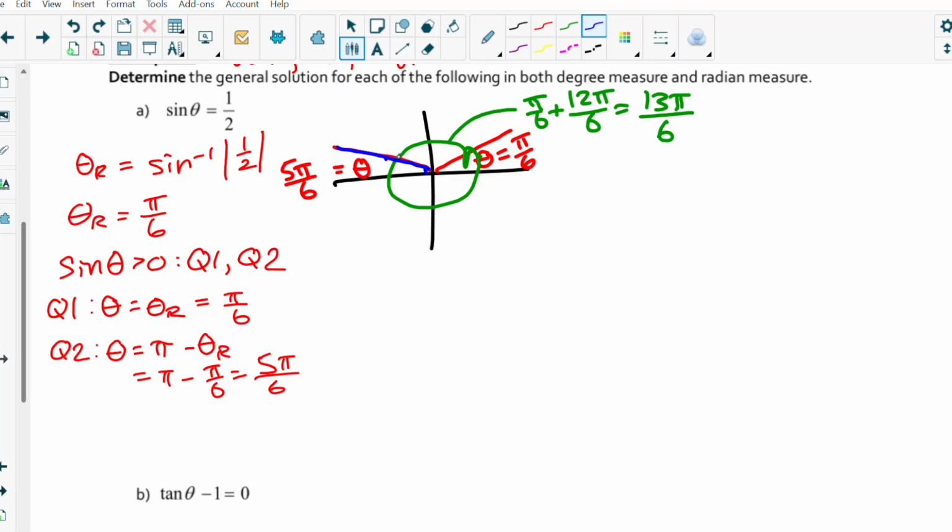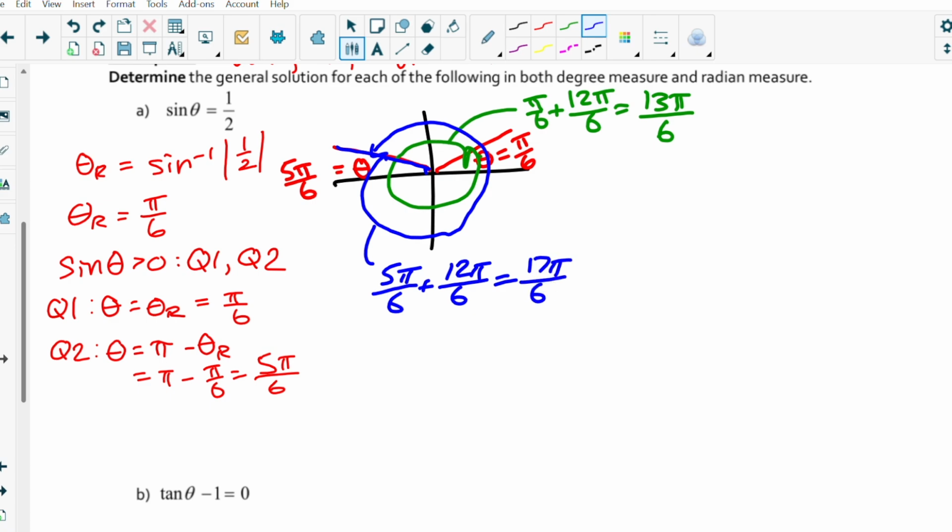Likewise with this one, if I go another 2 pi around, I get 5 pi over 6 plus 12 pi over 6, and that's 17 pi over 6. I can keep going on and on in the positive direction, and I can also go in the negative direction. So you have to write a general solution like this.